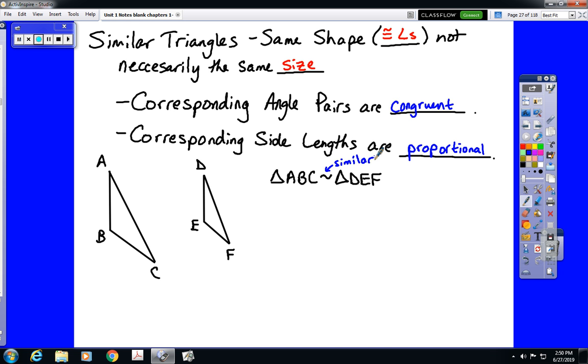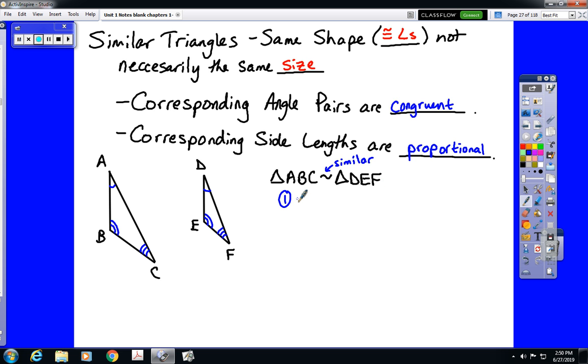Now what that tells us is that angles A and D are congruent, because they both come first in the name. Angle B is congruent to angle E, because they both come second in the name. And angle C is congruent to angle F, because they both come last in the name. Okay, that's what we know.